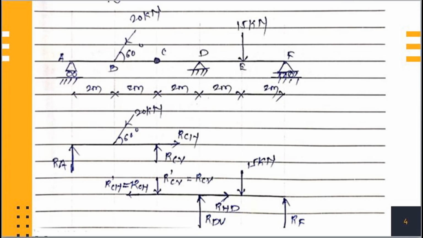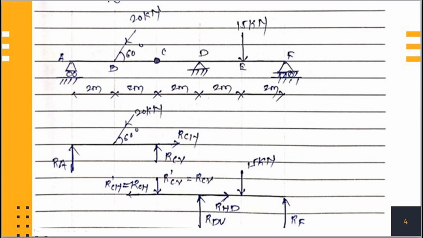Now after that we will give a reaction at point F, because at point F there is a roller support. The plane of the roller support is horizontal, therefore the reaction at point F must be vertical. Now here RF is vertical, the 15 kN force is also in the vertical direction, and RC dash is an inclined force.